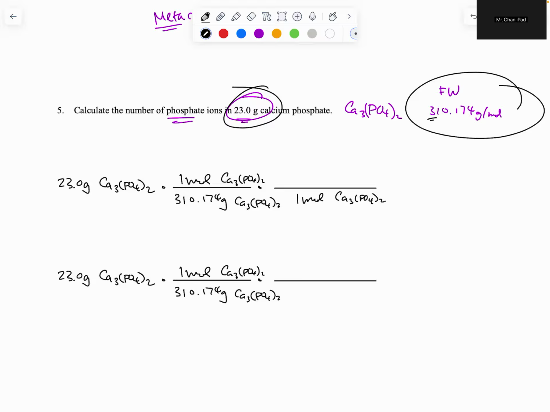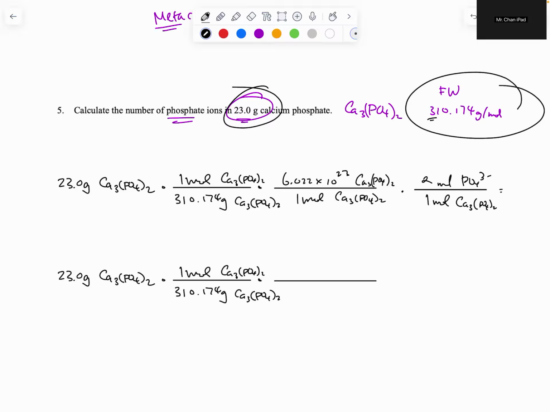It's like, oh, if I know how many groups of people are there, I can tell the number of individuals at the scene. And then I find out how many fingers there are. And that is 1 mole of calcium phosphate to 2 moles of phosphate ions. You can do that.